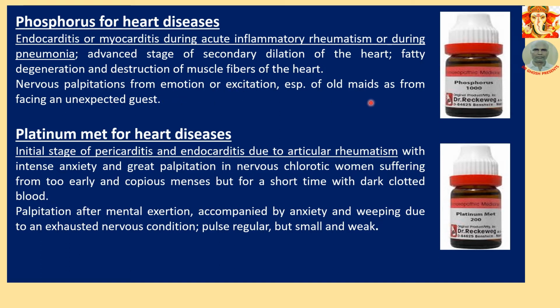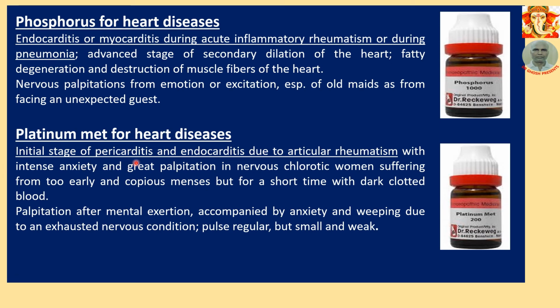This is purely a functional symptom. And here, endocarditis, myocarditis, acute inflammatory rheumatism, advanced stage of secondary dilatation, these are all organic symptoms. The heart is affected as an organ. Here it is functional.